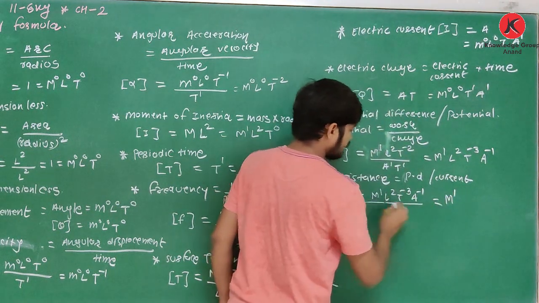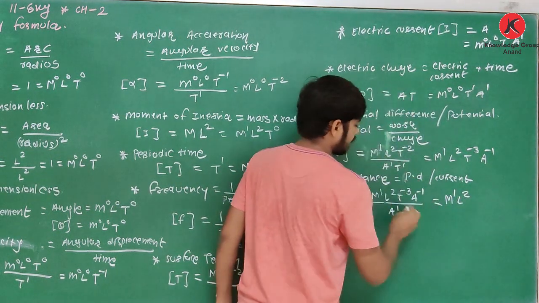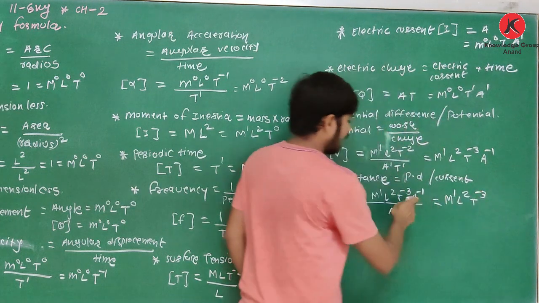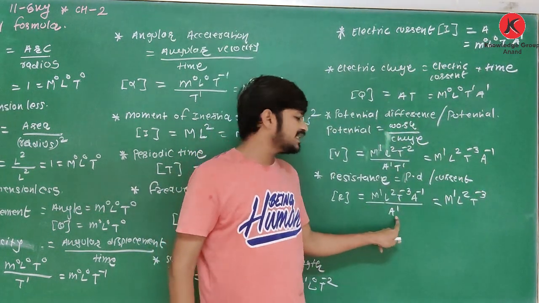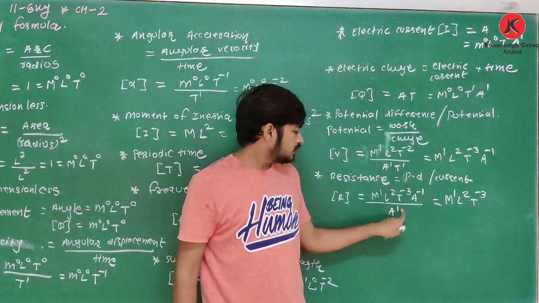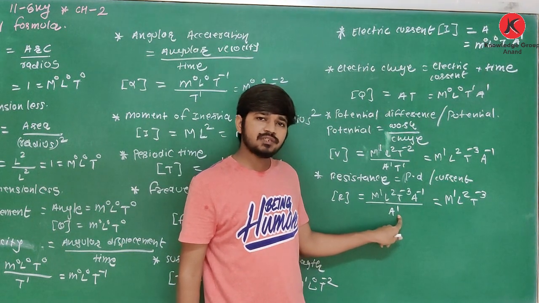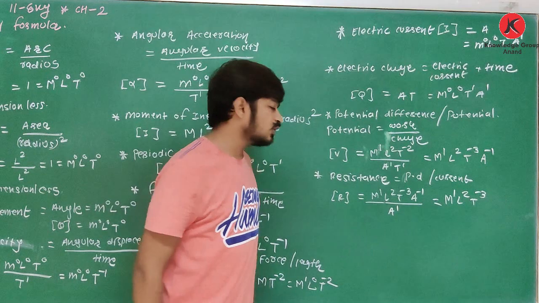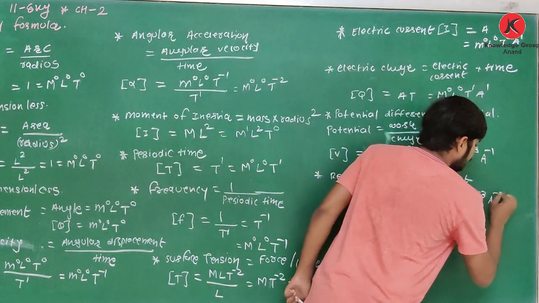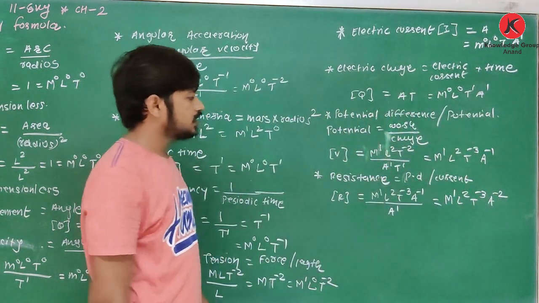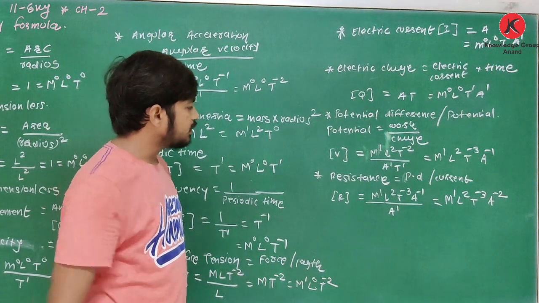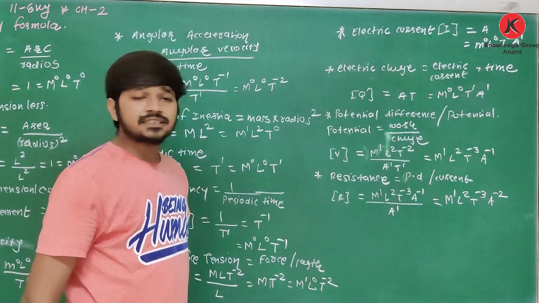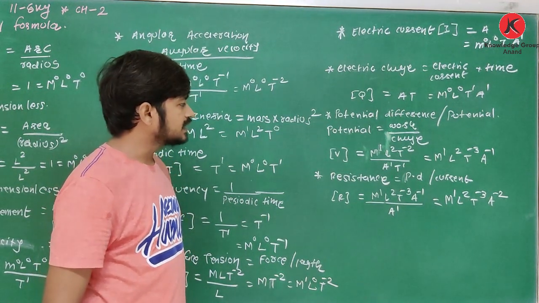M1 L2 T minus 3 A minus 1, and in denominator it is A1. So if you take this A1 in numerator, it will become minus 1, A minus 1, A minus 1, it will become A minus 2. Clear about this? So yes, it is dimensional formula of resistance.